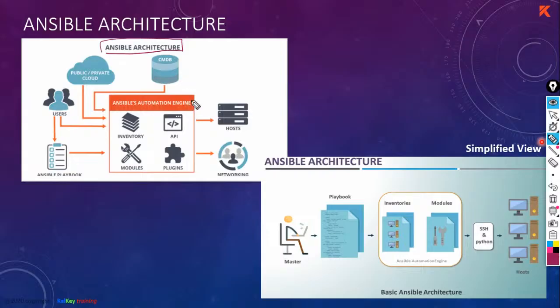The main Ansible automation engine lies on this server. This is the main server on which you have installed Ansible, correct? So with the installation of Ansible, your inventory is installed, your APIs are installed, your modules are installed, your plugins are also installed. So these are the four integral parts of Ansible.